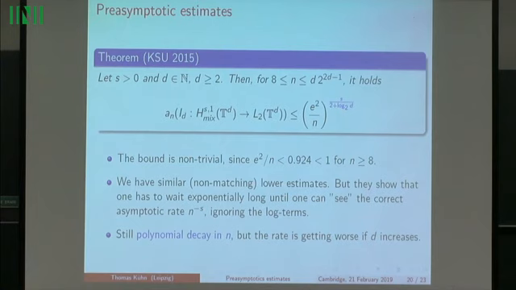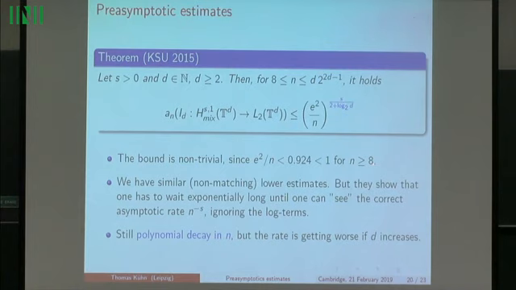For n in the range from 8, because otherwise we would have a trivial estimate, to roughly 4 to the d, we get an upper estimate of this type. The nth approximation number is less than or equal to e squared over n to this power, s divided by 2 plus log 2d. As I said, this bound is non-trivial from 8 on, because then the factor is less than 1.